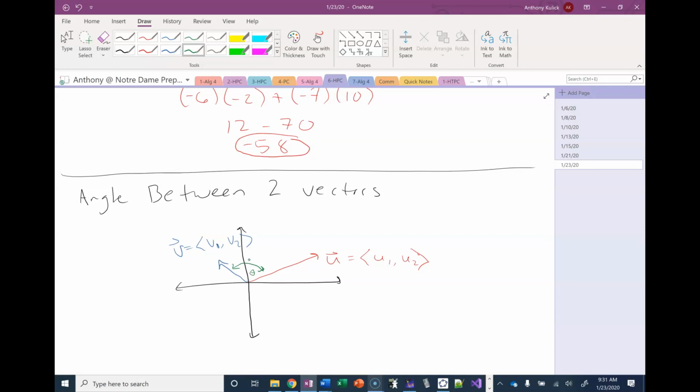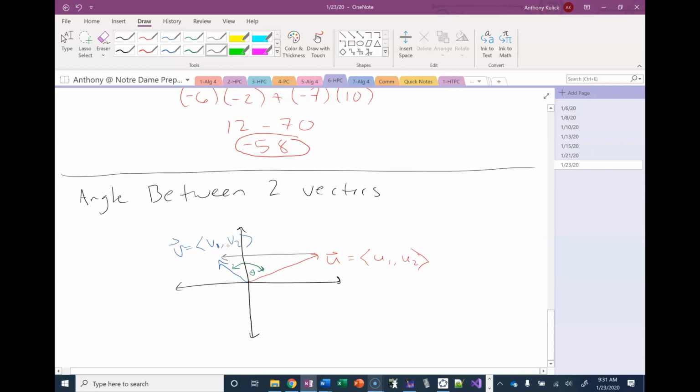So if I look at these two vectors, what shape do these two vectors resemble? A triangle. Great. So let's make a triangle here. I'm going to draw in a third vector here to complete my triangle.